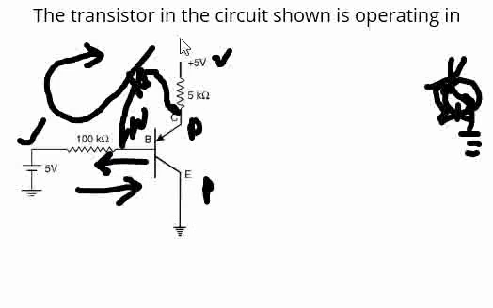You can just do a simple Kirchhoff's law here. If you assume that this is IC and this is IB, so IB will be in negative direction. So that itself indicates that the transistor is never on. So this simple criteria can be used to say that this particular transistor is in cutoff region.